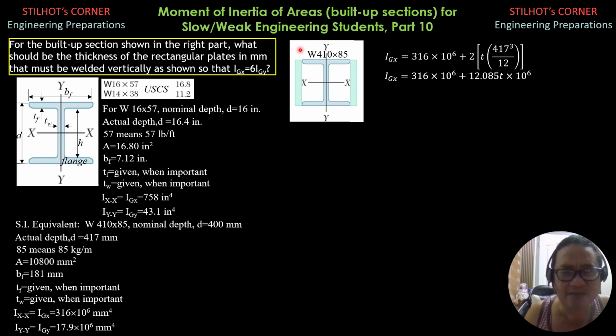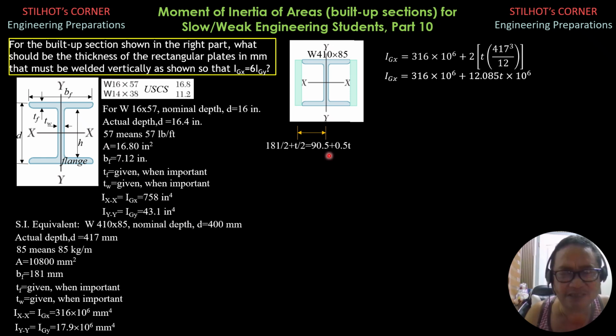Then we add the IY of one rectangular plate, then multiply it by 2, and we transfer its centroidal moment of inertia with respect to its centroidal y-axis to the centroidal y-axis of the entire area. So the distance is half of BF plus half of the thickness as shown. BF is 181, over 2, plus thickness over 2.